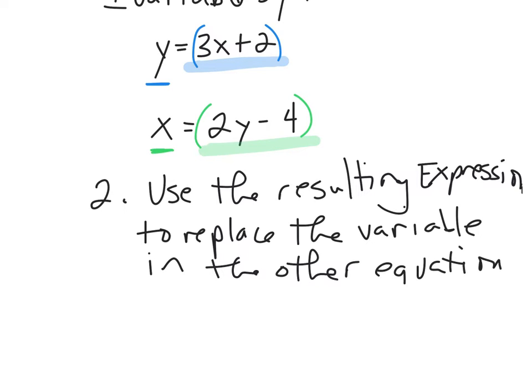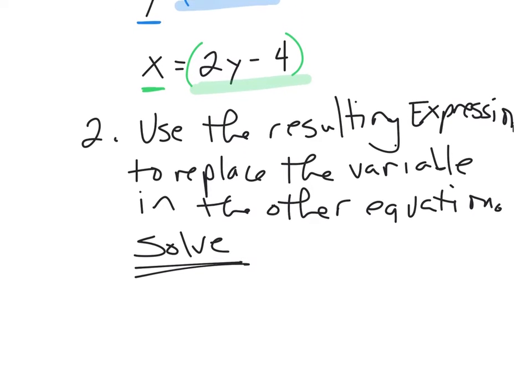Now, once we have done that, then we will solve. At this point, you should have only one variable. It might be in two different places, but only one variable. So where before you had both an x and a y, at this point you should now only have x's or only have y's. And that means that we are in a place where we can solve for that variable.